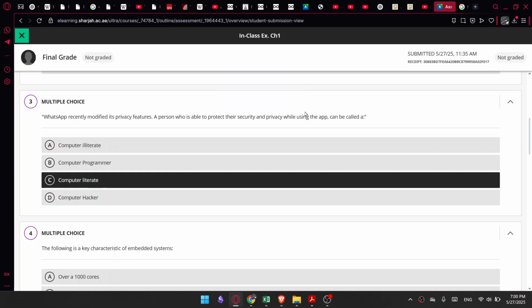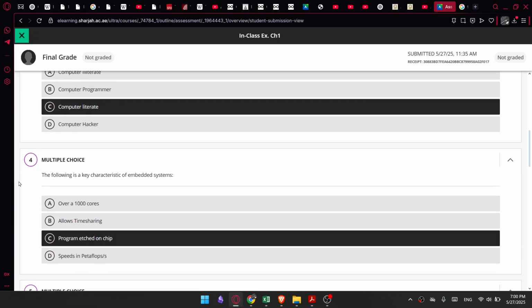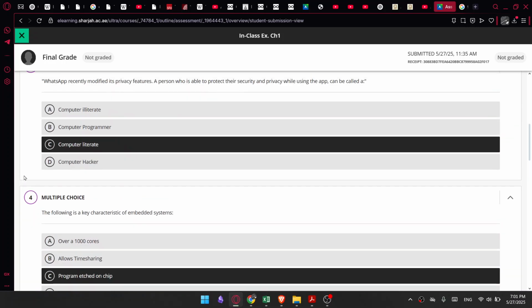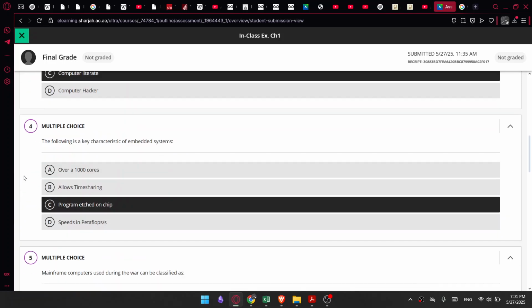This is what we have covered: a person who has the ability and knowledge of using the internet and PCs, and who can deal with computers, applications, anything related to AI or information technology.